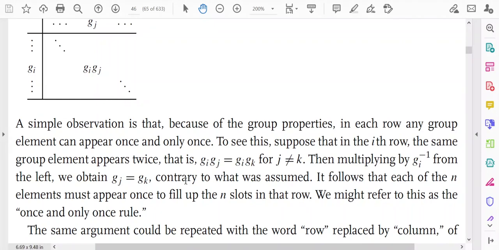So we assume in this way, that the group element Gi Gj is one of the elements, and suppose there is another element Gi Gk.